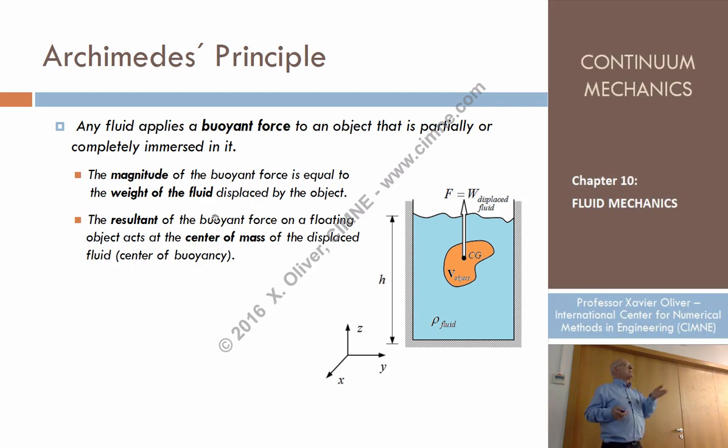And then he asked Archimedes to help him. So the problem of Archimedes was to know the volume of the crown. Because if he knew the volume of the crown, by multiplying this volume times the density of pure gold, he would know the theoretical weight of a crown made of pure gold.